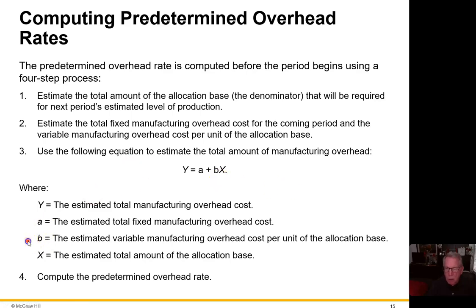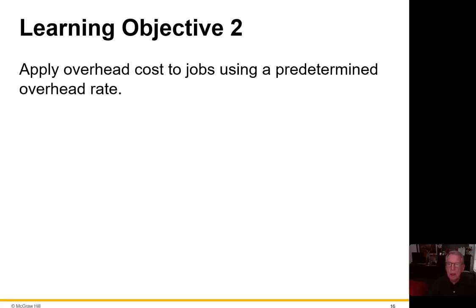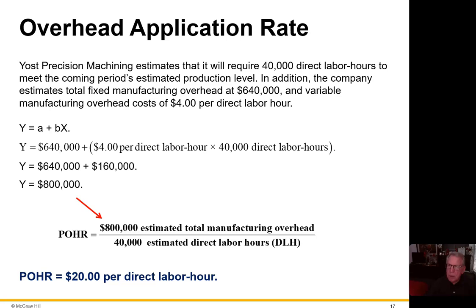And then Bravo is the estimated variable manufacturing overhead cost per unit. And X-ray is the estimated total amount of the allocation base. And we can compute the predetermined overhead rate as the last step. So we apply overhead costs to jobs using this predetermined overhead rate.